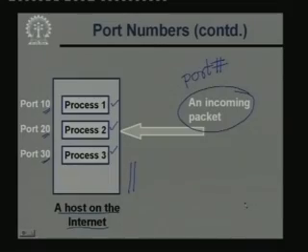So, this simple illustration will help you understand the need for having these port numbers. Port numbers will uniquely identify the applications which are running on the hosts. Now, port numbers are 16-bit quantities. They are used to address an application, and you recall the IP address is a 32-bit quantity which identifies a host.